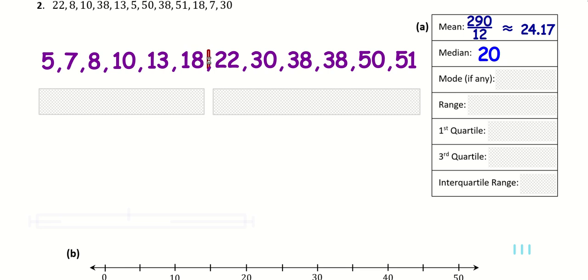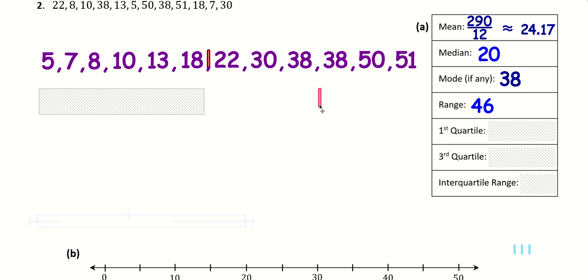Remember, if you can't do that with mental math, then you can do 18 plus 22, get that total, and then divide by 2. The mode, did you get a mode? Looks like 38 was the mode. The range was 46, which is 51 minus 5.